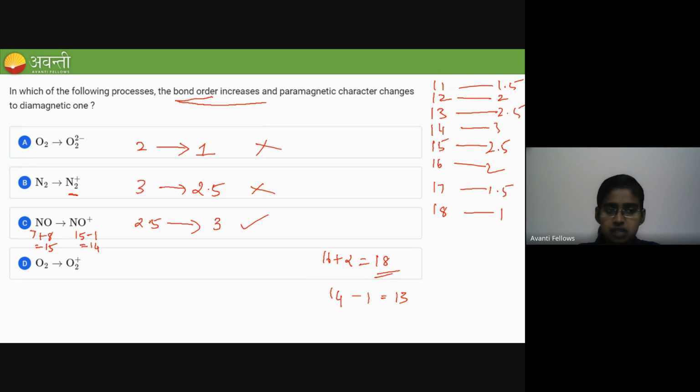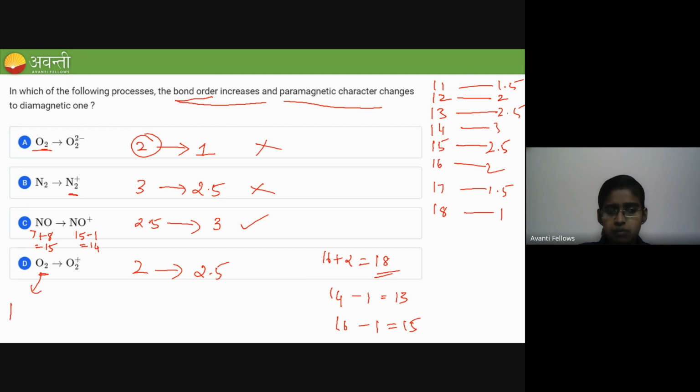You can check with option D also. For O2, we have already calculated that the bond order is 2, and for O2 plus, O2 has 16 electrons; if it has lost one electron, then it will be 15. 15 means the bond order is 2.5. Here it is increasing, but we have to check the paramagnetic character also.